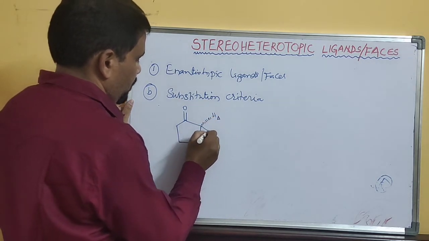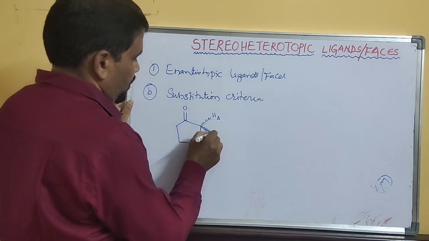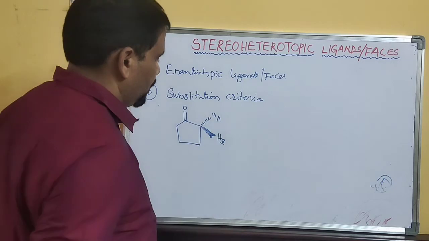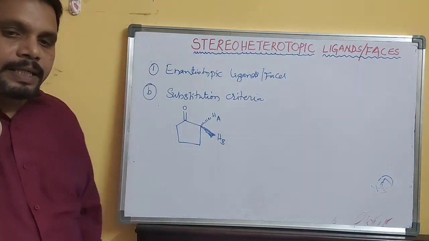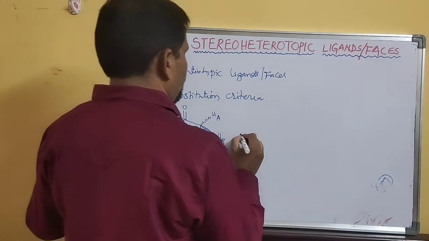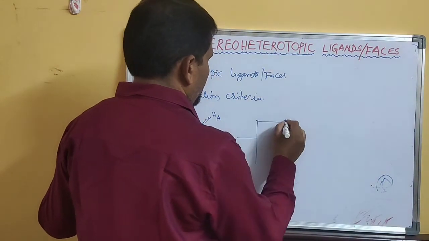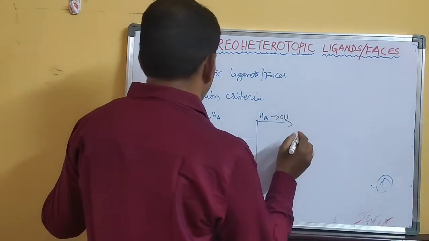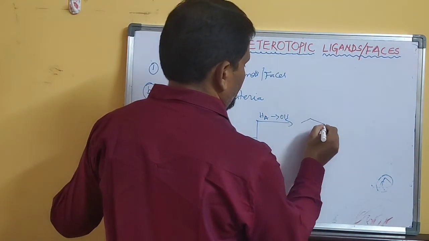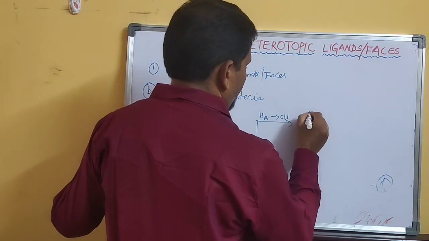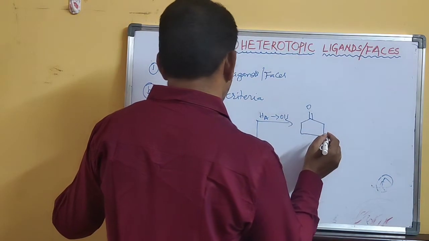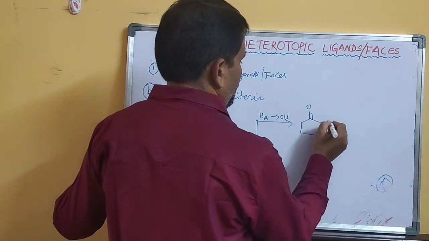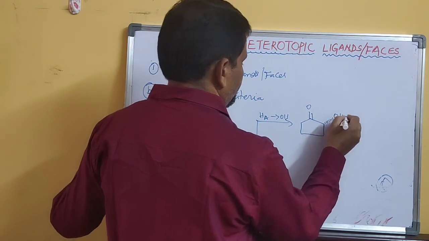HA, HB. If you substitute HA with a hydroxyl group, you will get OH.